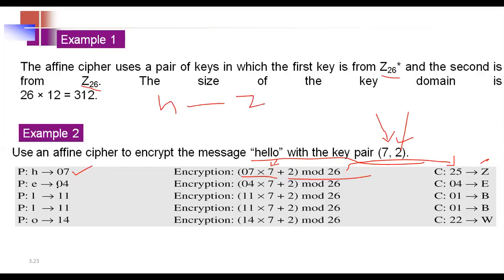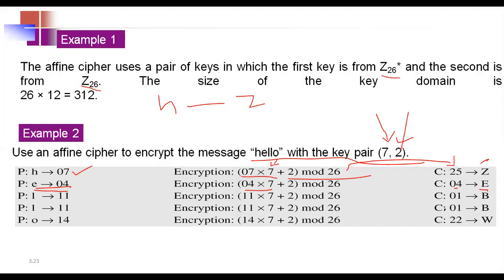Now, what is the second character? E. Its equivalent number is 4. So 4 into 7, the first key is 7, is 28, plus 2 is 30. 30 mod 26 is 4. So again E. Here the plain text character is E, and the ciphertext character is also E. For the L character, it is 11. 11 into 7 is 77, plus 2 is 79.